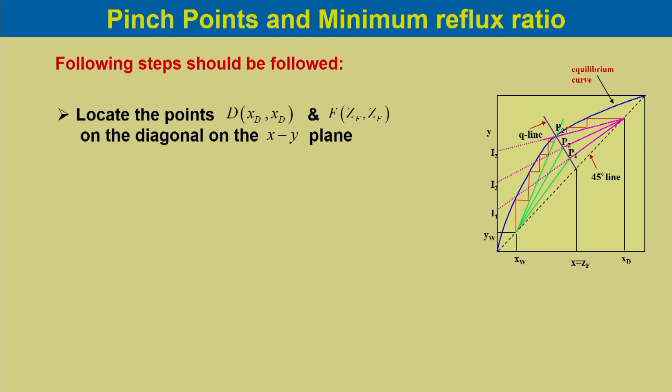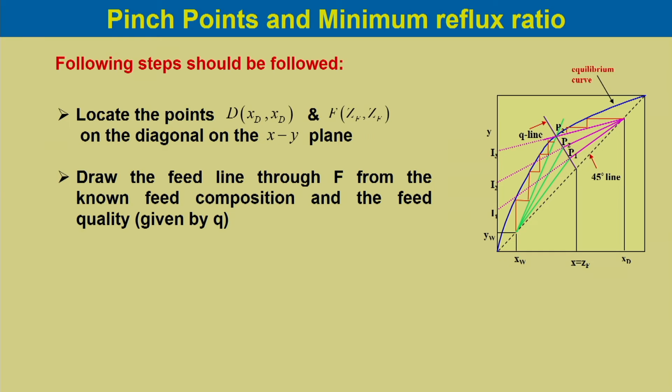The steps from our discussion we can summarize as follows. First, locate the points D, that is xD, xD, and F, that is zF, zF, on the diagonal of the xy plane. Then second, draw the feed line through point F. So, this is point F over here and this is point D, having the coordinates xd and point F having the coordinates zf on the xy plane.